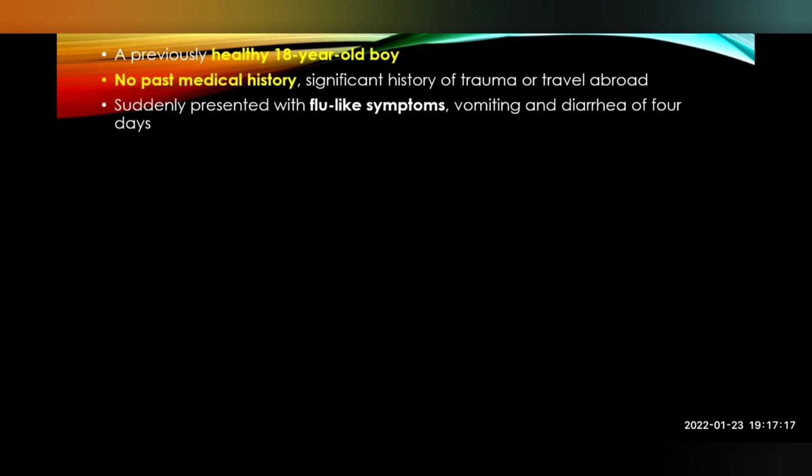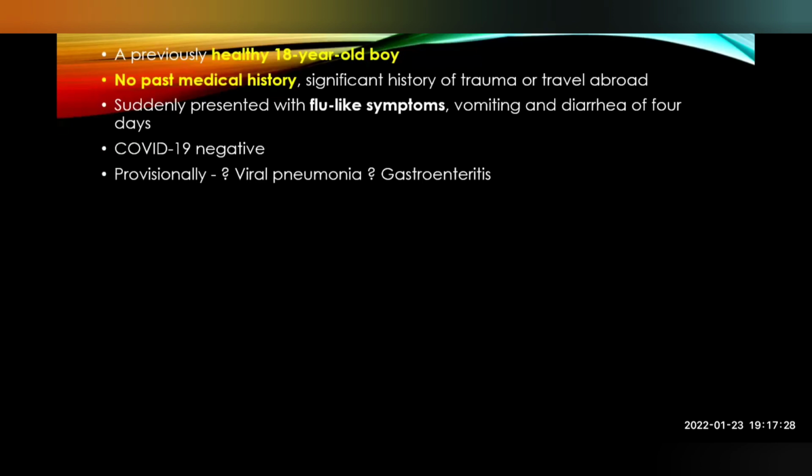Next, I have one more case. A previously healthy 18-year-old boy with no past medical history or significant trauma or travel suddenly presented with flu-like symptoms, vomiting and diarrhea. And obviously, first thing, COVID-19 is negative.